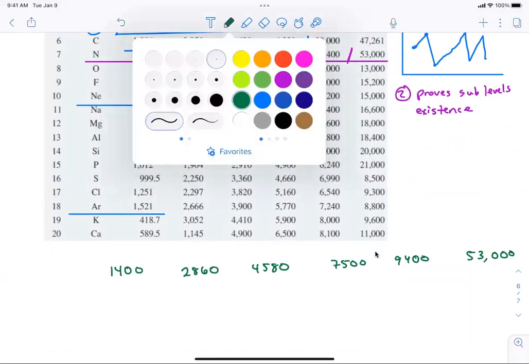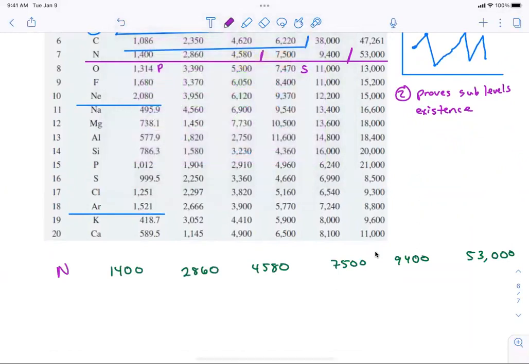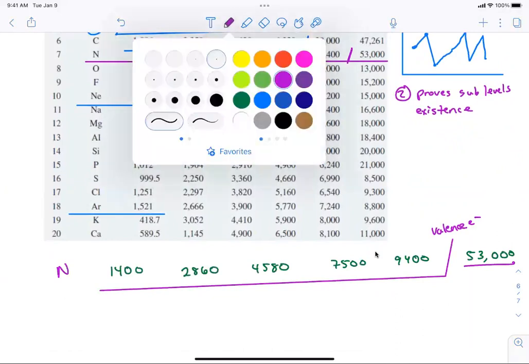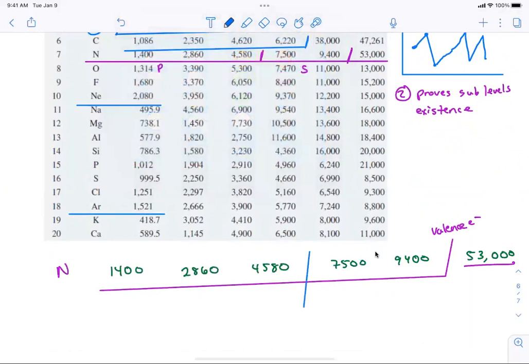If this is N, these are our valence electrons, because this is the much bigger jump. But within those valence electrons, you notice that there is a slightly bigger jump than usual between 3 and 4.